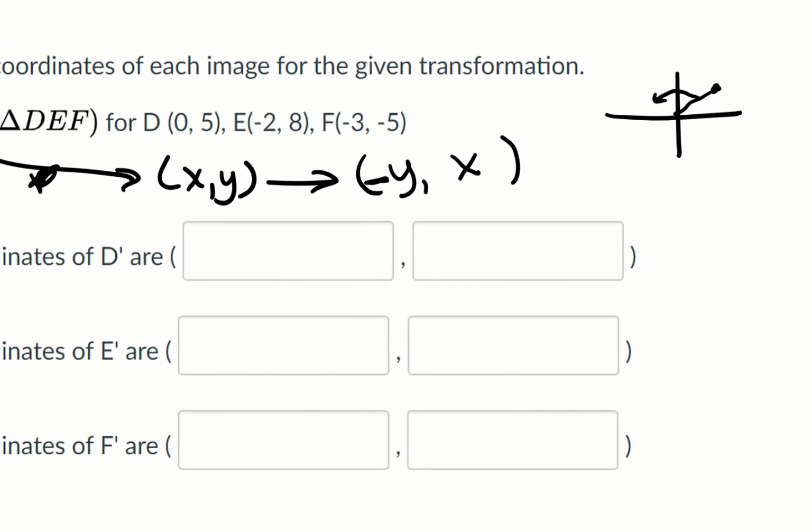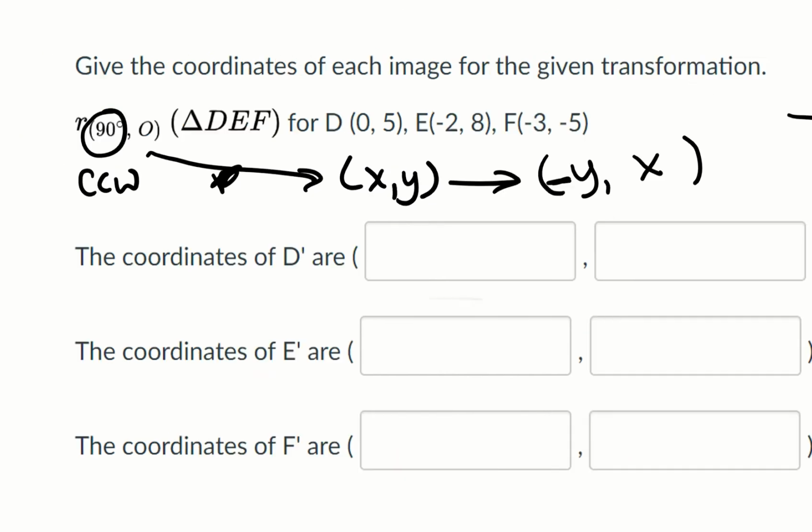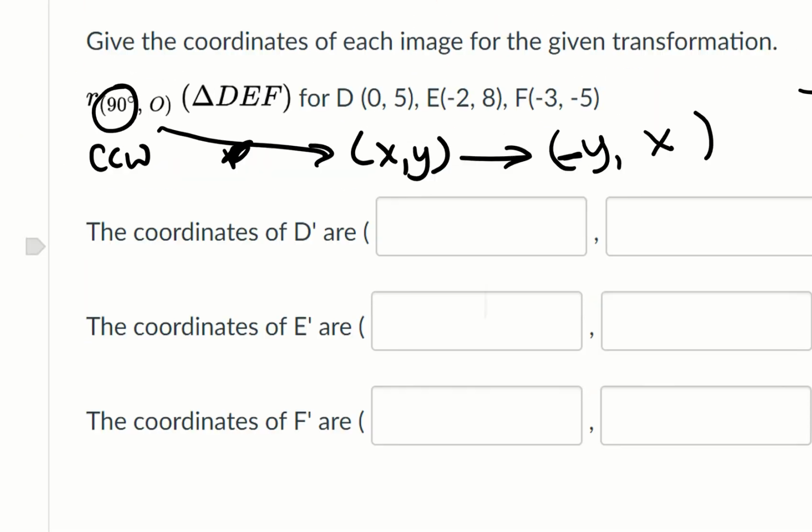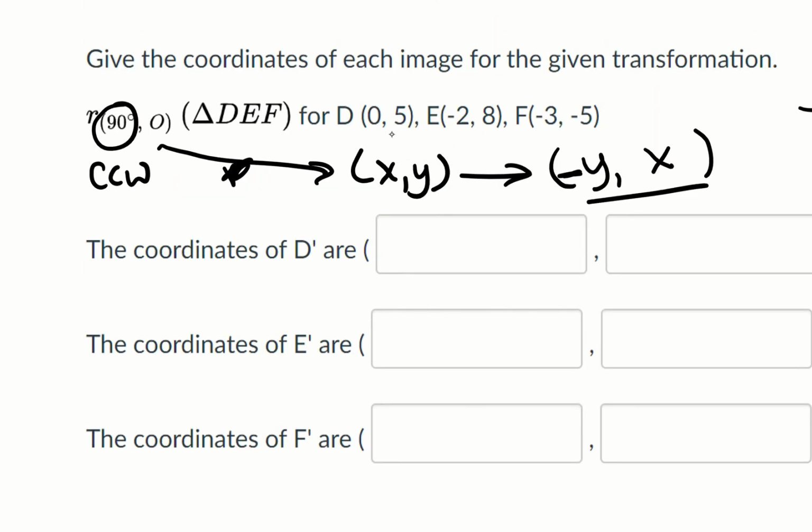Let's see here. So we're going to use this rule. We switch the x and the y for D, so it's going to be 5, 0, but then the first number changes to a negative, so it's negative 5, 0.